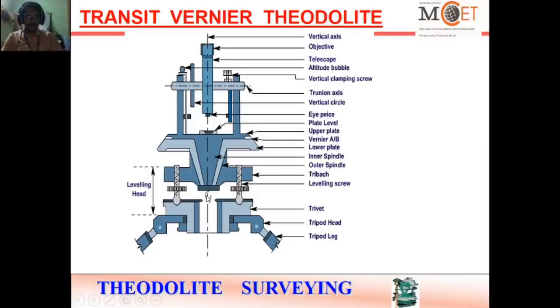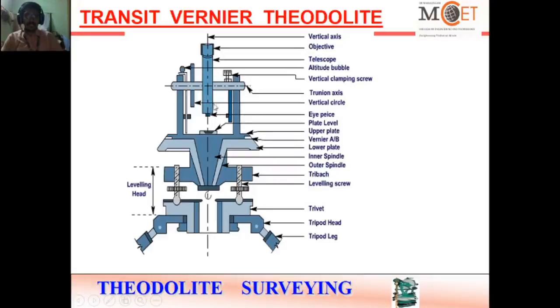And this is the provision called the hook, where you can hang the plumb bob such that we can check the verticality of our instrument, and where the ground point is we can check. The dotted line shown is the vertical axis from top to bottom, and this is the horizontal axis of the instrument. The horizontal axis is also called the trunnion axis, and then the vertical axis, right?